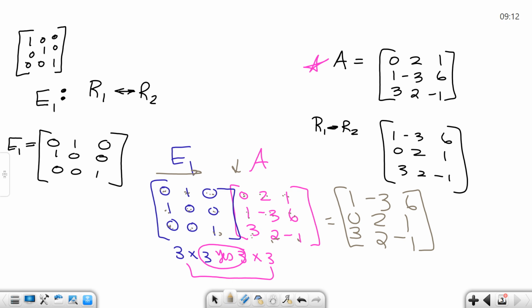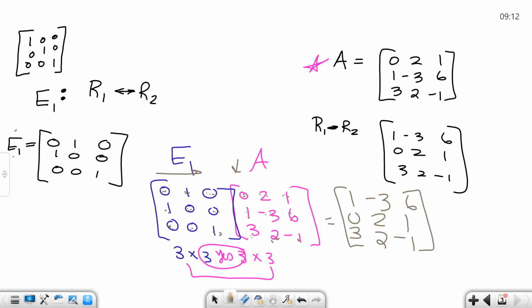And so what your book says is, let E be the elementary matrix obtained by performing an elementary row operation on I. So this is my elementary matrix. If that same operation is performed on an M by N matrix A, then the resulting matrix is EA.